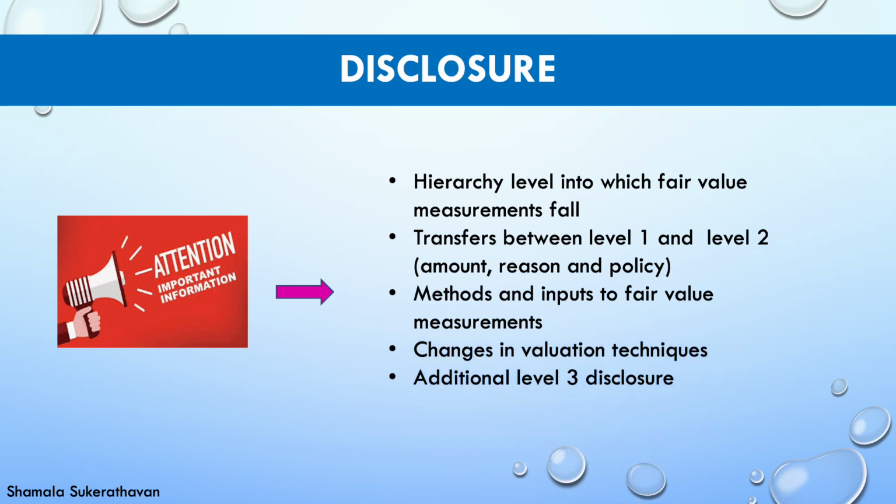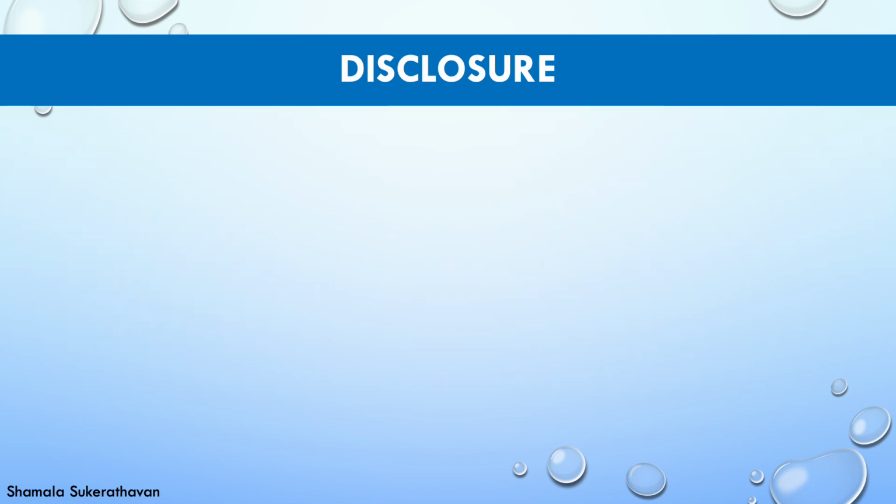And 5. Additional disclosures for Level 3 measurements that include reconciliation of opening and closing balances, quantitative information about unobservable inputs, and assumptions used. These disclosure requirements are to help users of financial statements assess both of the following. 1.